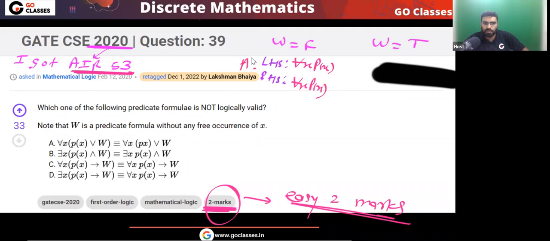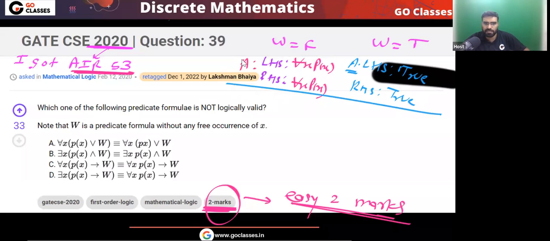And when W is true, then LHS will be true and RHS will be true. So you can easily notice that option A is actually valid.